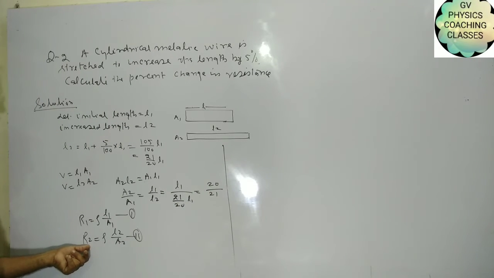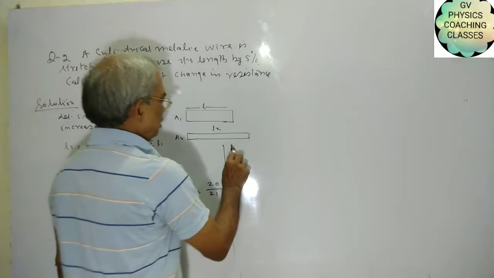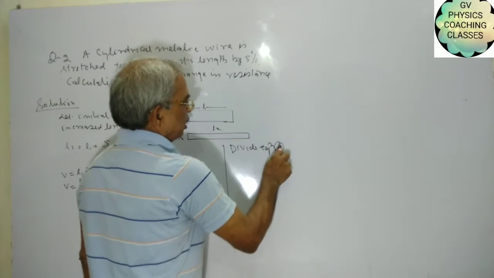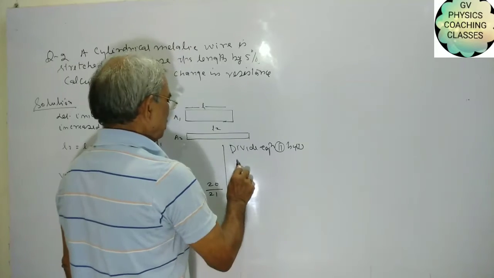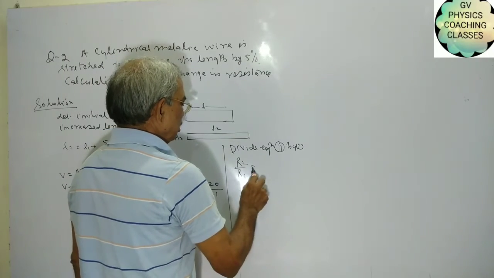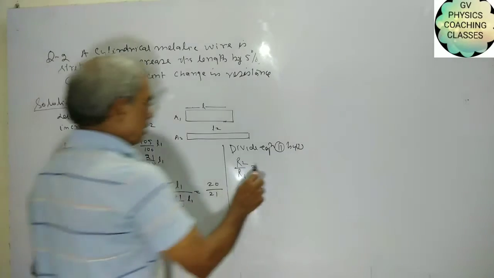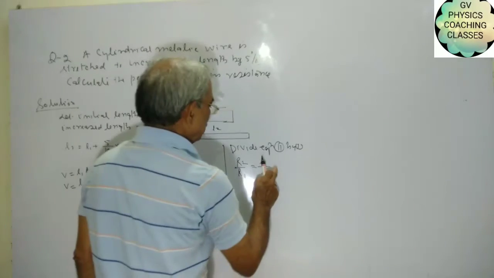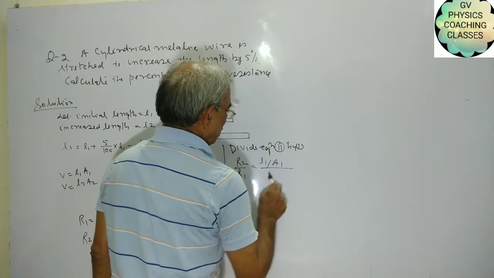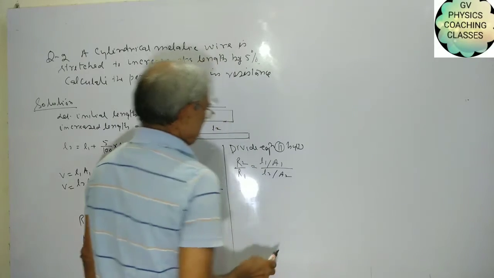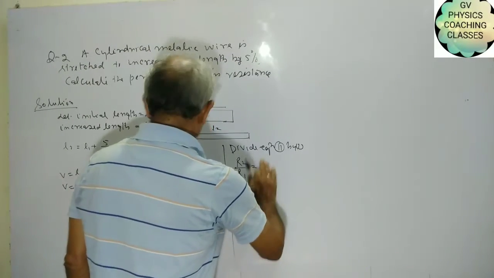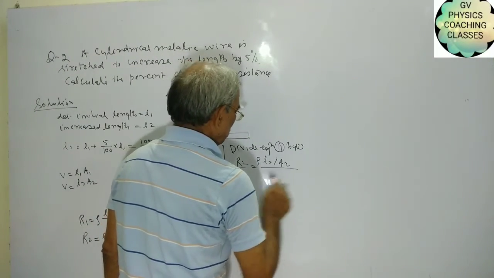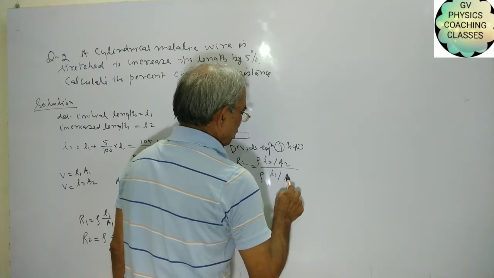If we divide equation second by first, then R2 upon R1 equals rho L2 upon A2 divided by rho L1 upon A1.